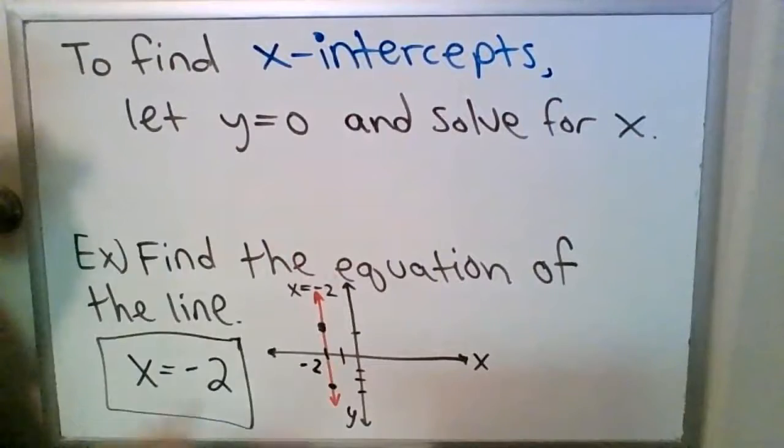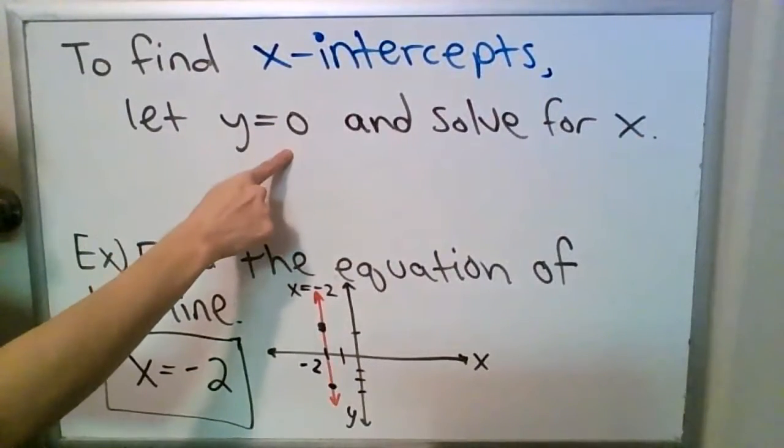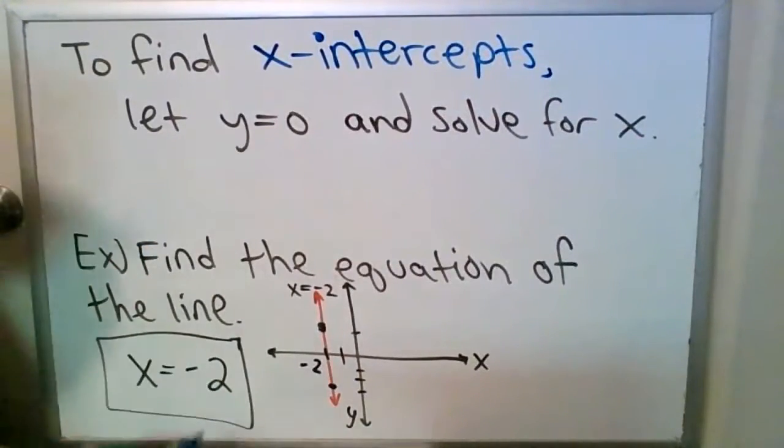Okay. So for your x-intercept, put y equal to 0. For your y-intercept, you put x equal to 0.